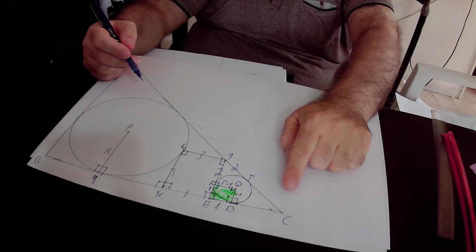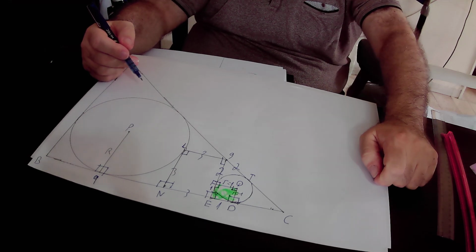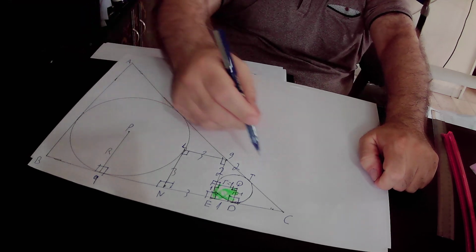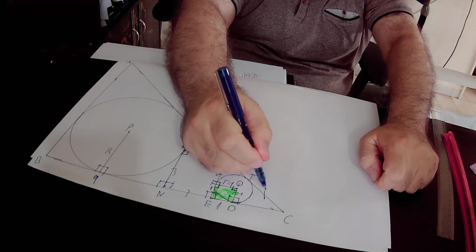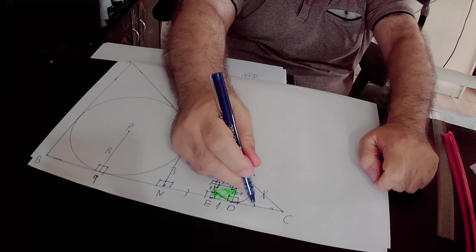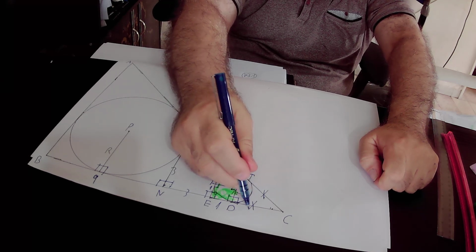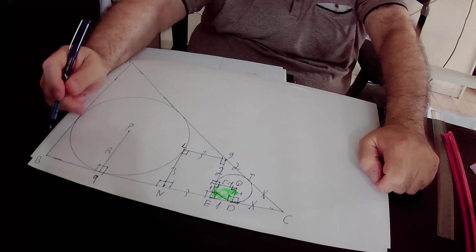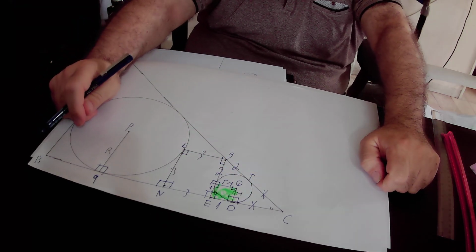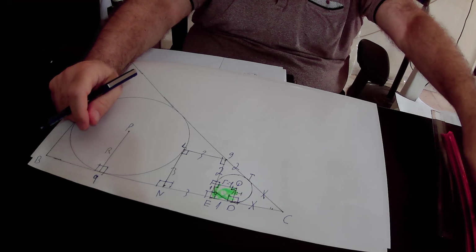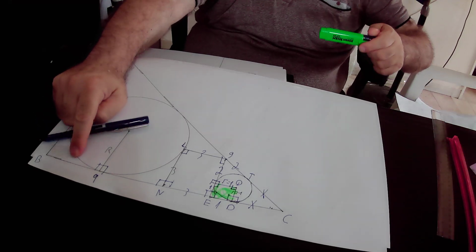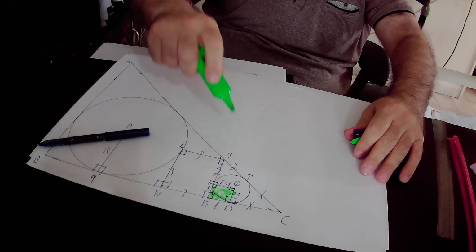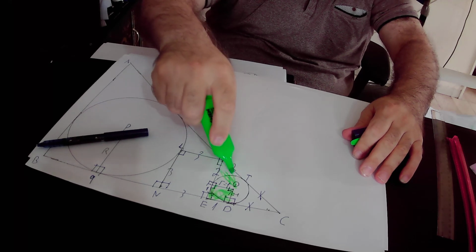That is to say, CT is equal to CD. So if CT equals x, then CD must also equal x because they are equal to each other.